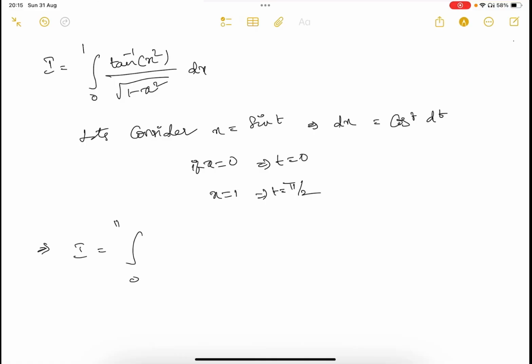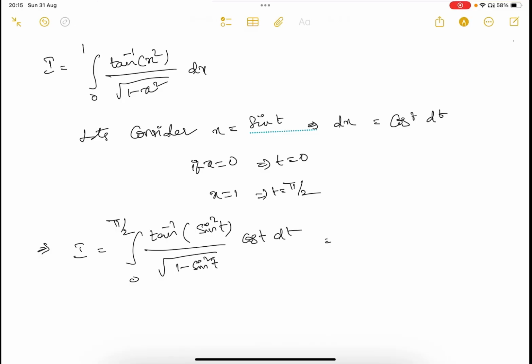That implies I is integral 0 to pi by 2 tan inverse of, right, x square is sin square t by root of 1 minus sin square t into dx is cos t dt. Fine.